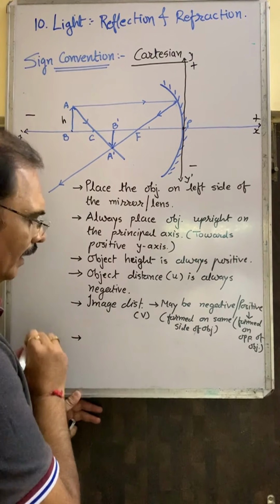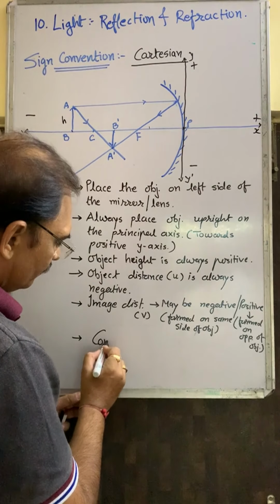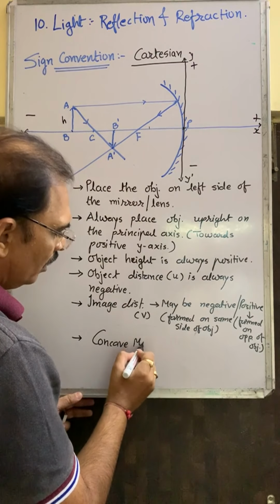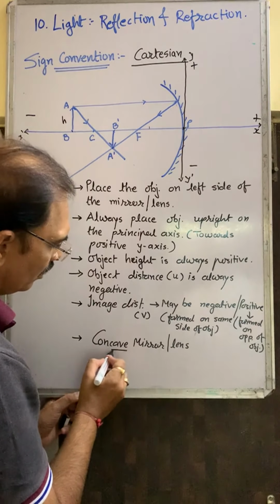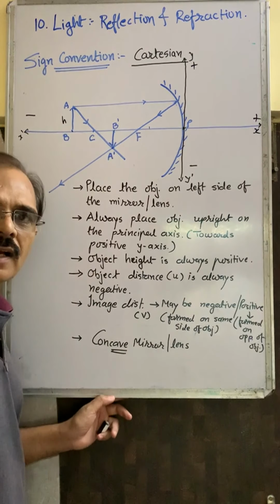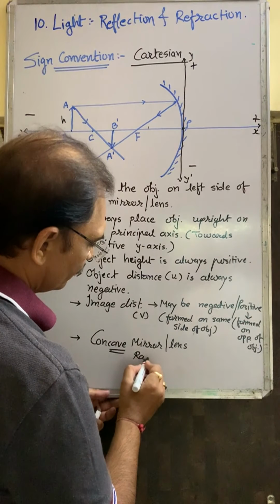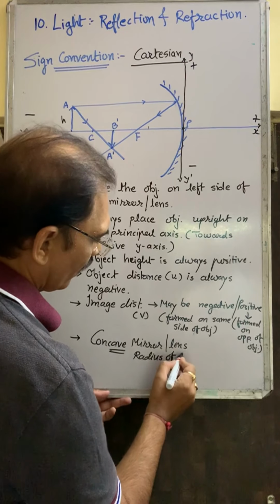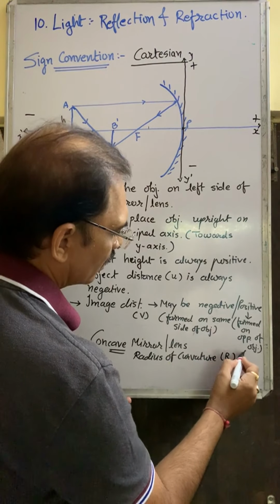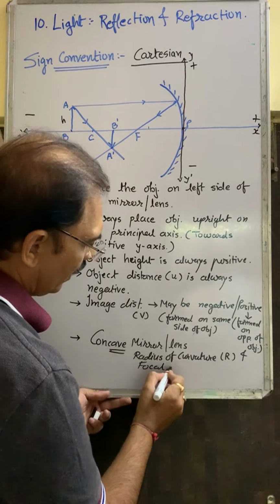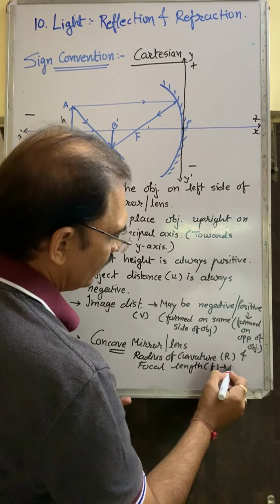Now what about focal length and radius of curvature? Remember, for a concave mirror or lens, if there is the word concave, cave, then its radius of curvature, denoted as capital R, and focal length, denoted as small f, are always negative.